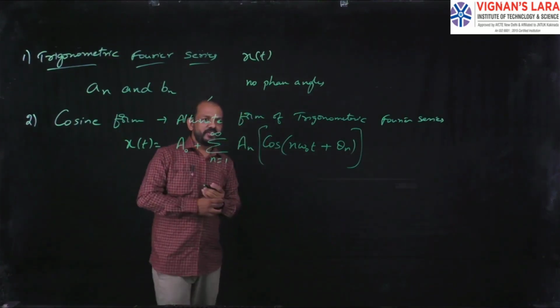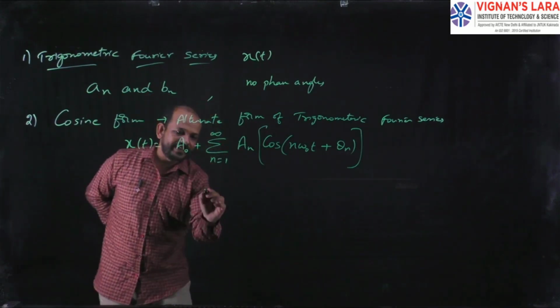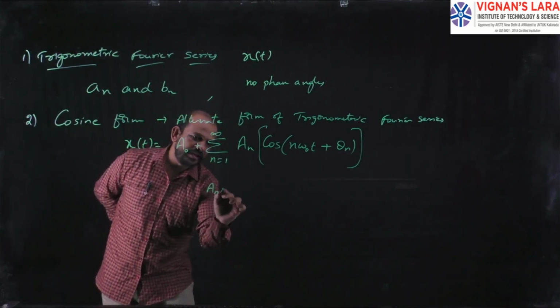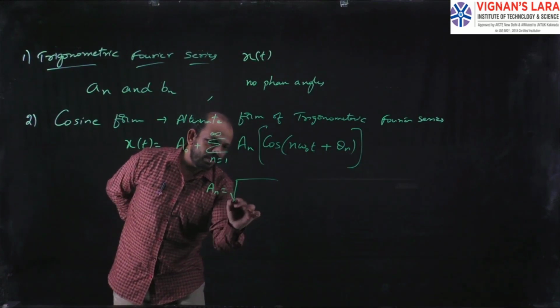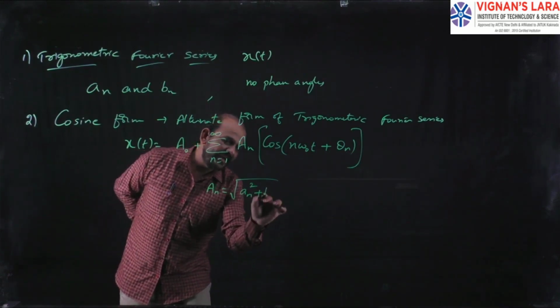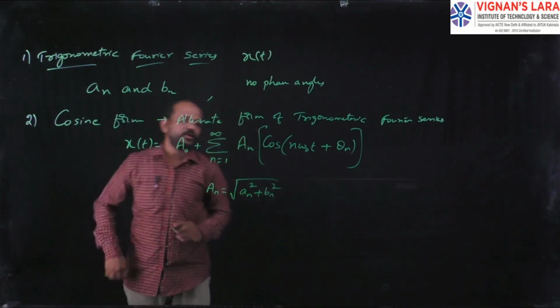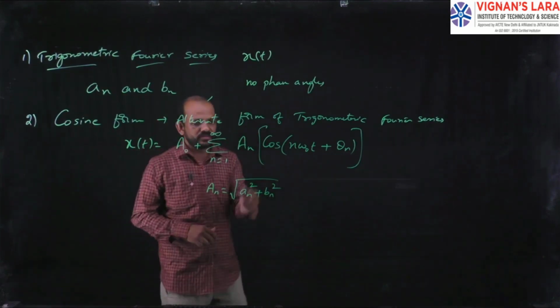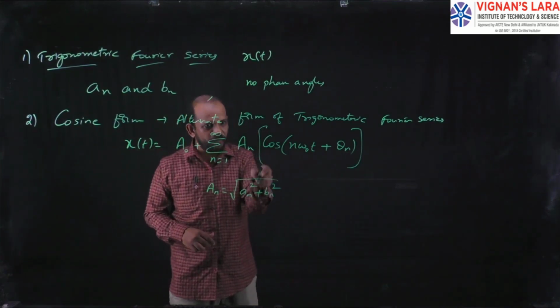Why? Because here the value of An is nothing but square root of an square plus bn square, so square is positive, and square root of positive is positive.